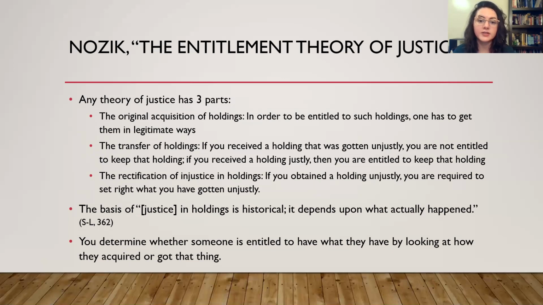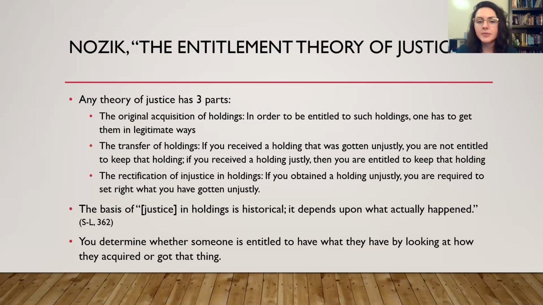And finally, the rectification of injustice in holdings. Basically, if you got something unjustly, you need to make it right. You need to set things right if you've stolen or somehow acquired something in a way that was not fair. So when thinking about ways that you can get something the wrong way, at an intuitive level, if you steal something, make a lying agreement, or use deceit in getting that thing, that might be a violation of the transfer of holdings.